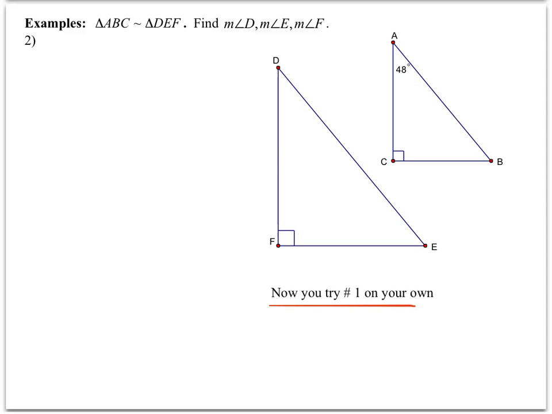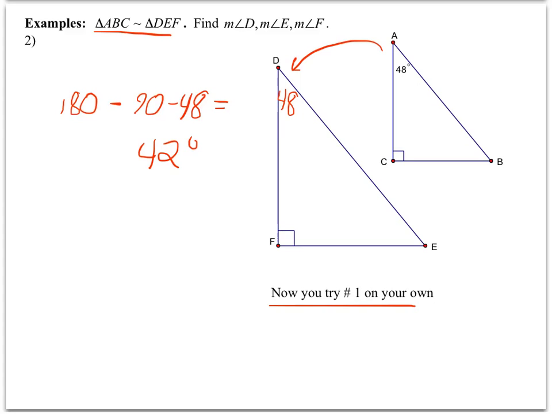In number 2, we are given that these two triangles are similar, which means that they should have the same congruent angle measures. So, as written, triangle ABC similar to DEF, that means that A should be congruent to D. So we should have 48 degrees here. Now, these are both given as 90-degree angles, so we can solve for the third angle. 180 degrees minus 90 minus 48 is equal to 42 degrees.